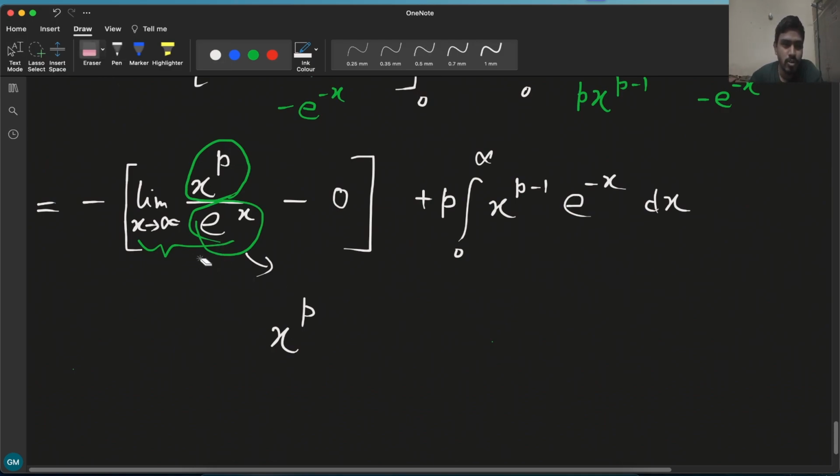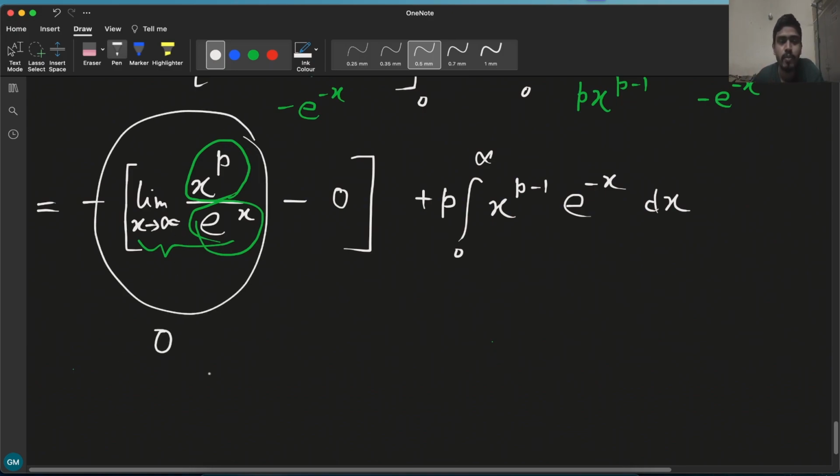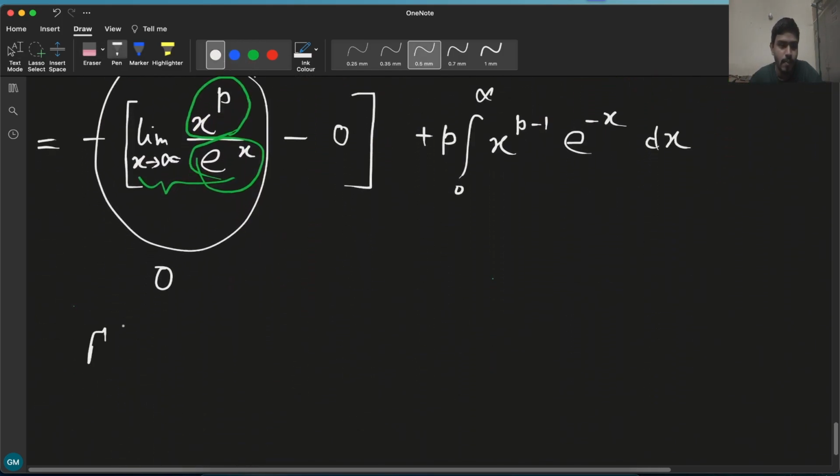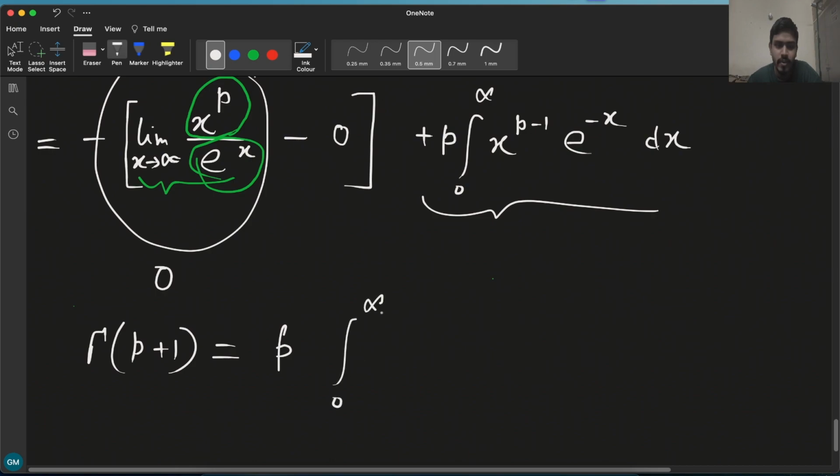So my point is e to the power x always goes towards infinity much faster than any polynomial or any other x to the power p. In that case, as x tends to infinity, this limit will be 0. So what we are left with is gamma p plus 1 equals only the second term, which is p times the integral from 0 to infinity of x to the power p minus 1 e to the power minus x dx.